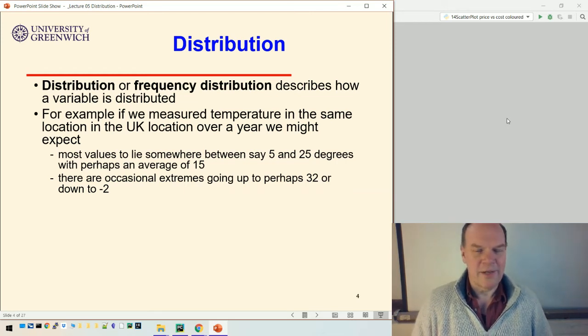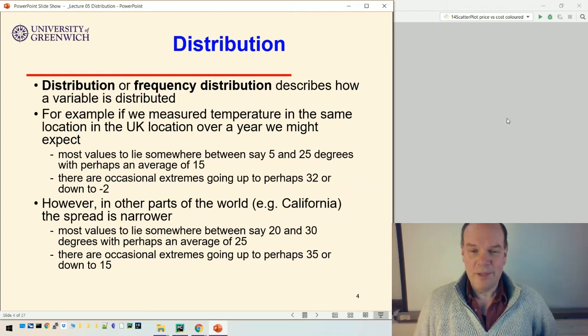I don't know if that's accurate, I'm just making these numbers up, but it'll be something like that. It might be higher than that, might be a bit lower. Occasionally we get what we call extreme weather, where perhaps it goes down to -2, or maybe goes up to 32, 34, 35 sometimes. But mostly, it'll be within those bands.